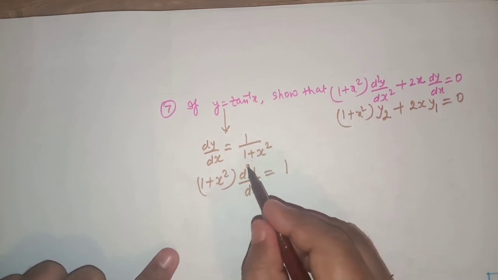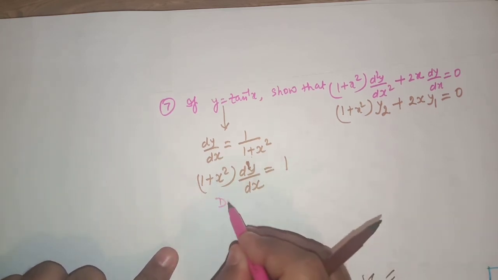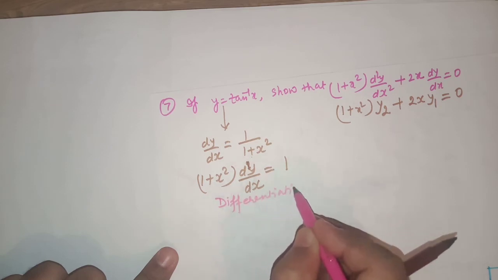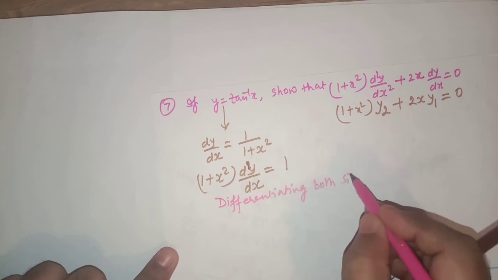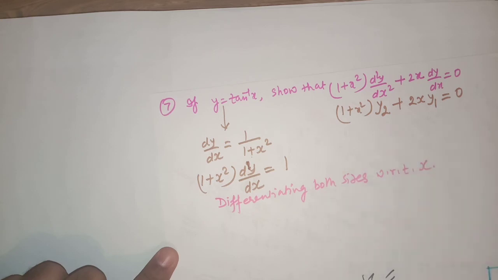Clear? Now we'll differentiate both sides with respect to x. Clear?